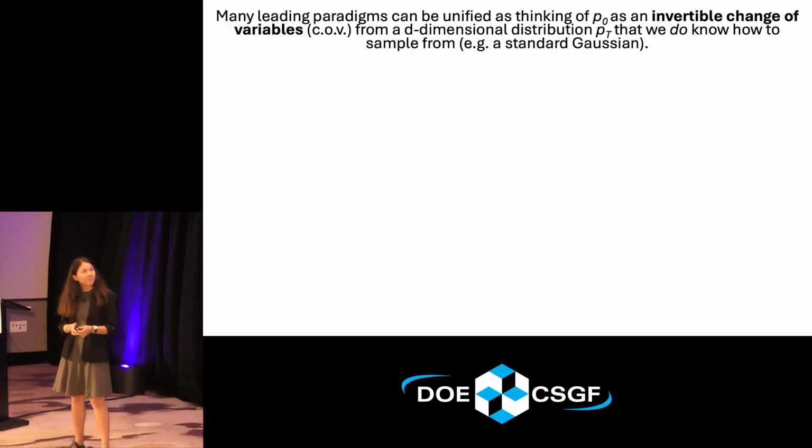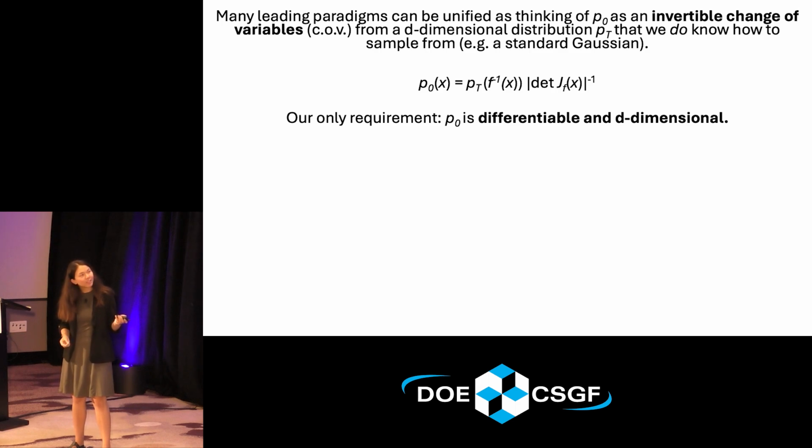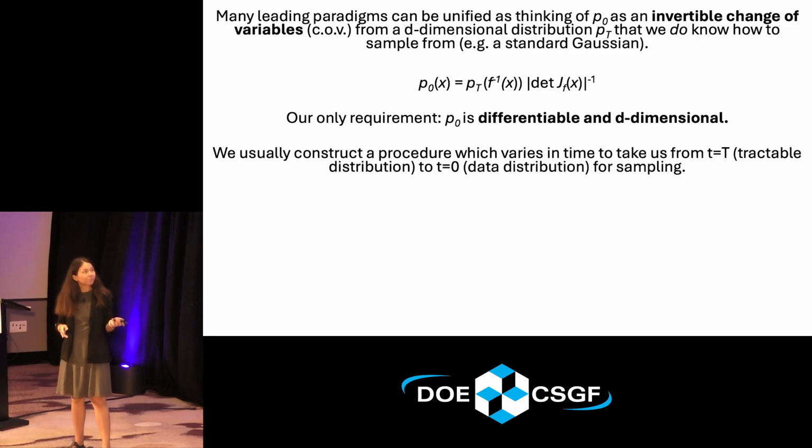Many leading paradigms can be unified as thinking of P0 as an invertible change of variables from some d-dimensional, super easy to work with distribution, which we're going to call P sub capital T, to our data distribution P0. Usually we just let P sub capital T be a standard Gaussian because Gaussians. Our only implicit assumption in this formulation is that P0 is differentiable and d-dimensional.